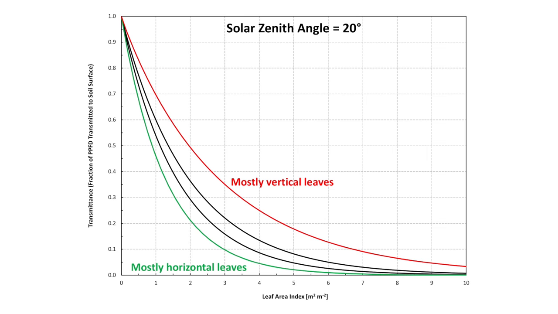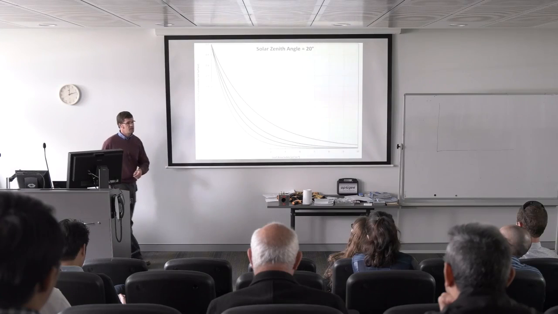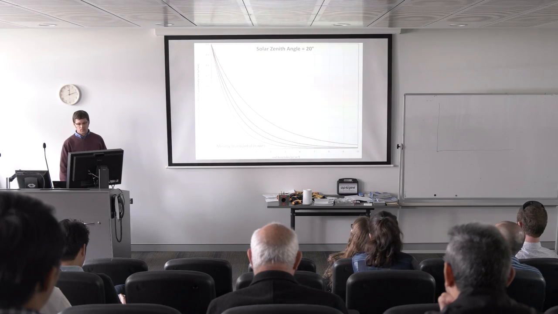The reason that we have 4 different lines and they're spaced like that is not only does the leaf area influence the transmittance, but the orientation of the leaves can also have a big impact on the transmittance.